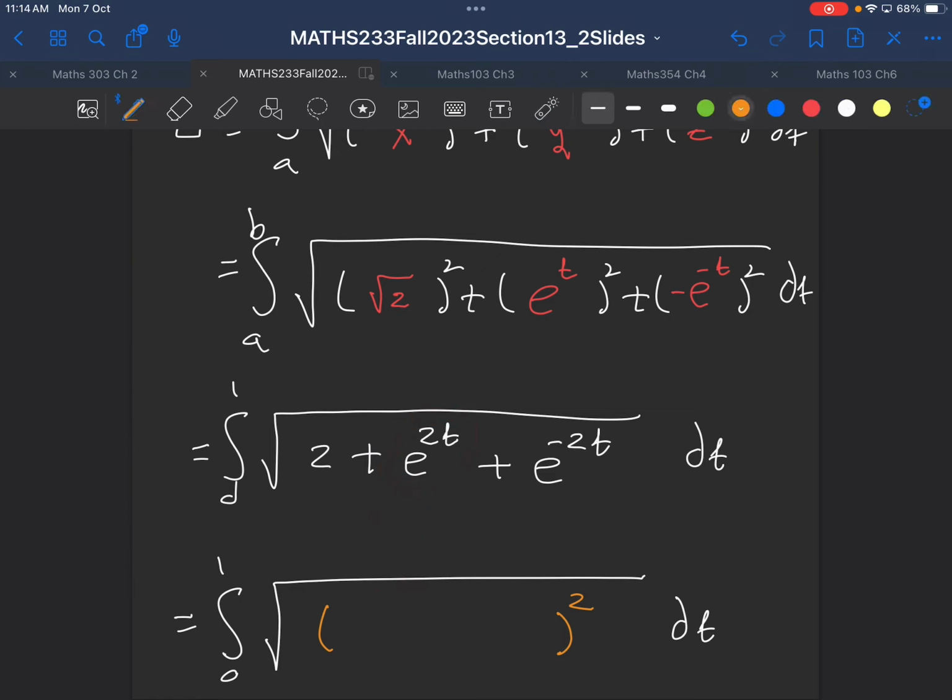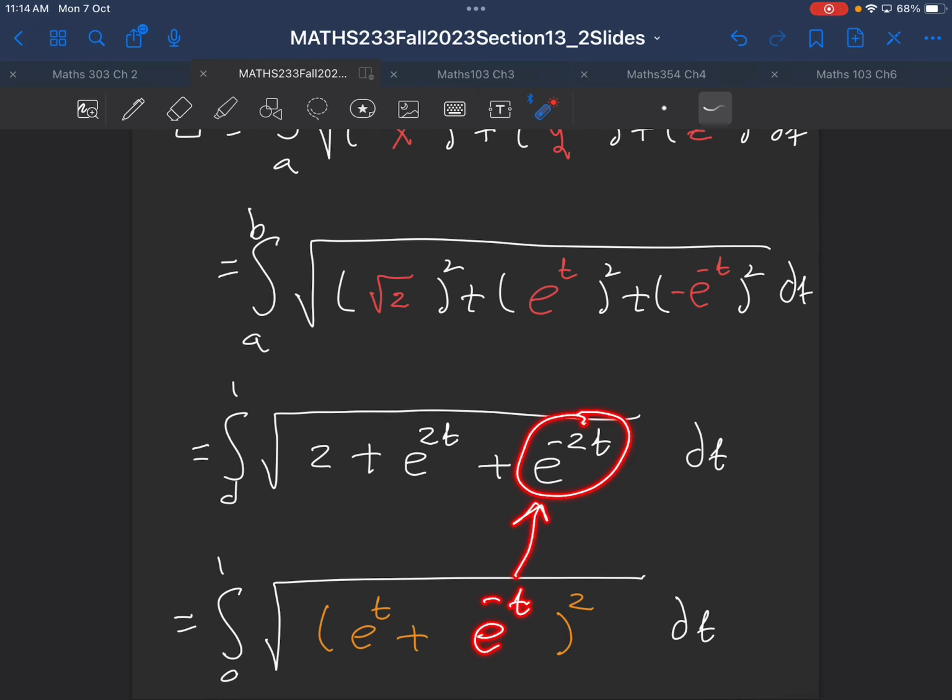I'm trying now to check if my answer is correct. So this is e^t. Plus, again, I see that I have e^(-2t), so if there was e^(-t), this will give me this back when I square it. Let's put this one here. All is good, so far so good. However, we need to check if our answer is correct. If we do the first one squared, that's correct.